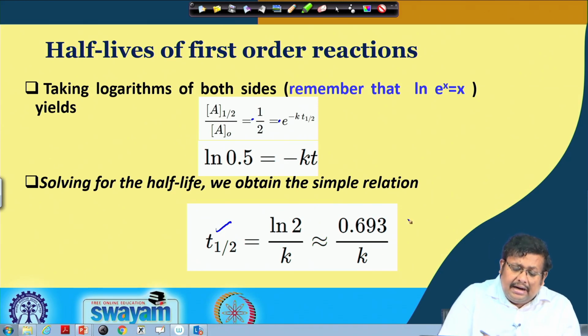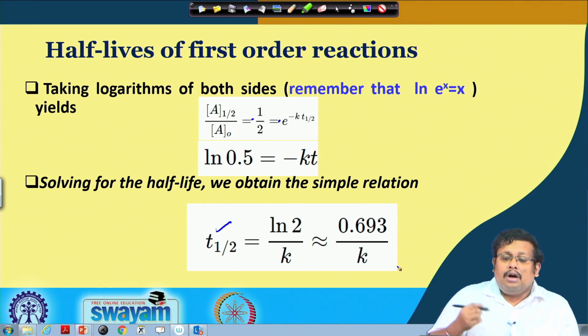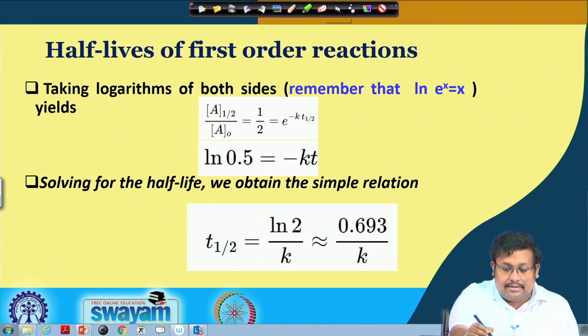So, we obtain this simple relation, that is T half equal to 0.693 by k. From this relationship we can calculate the half life of any first order reaction.